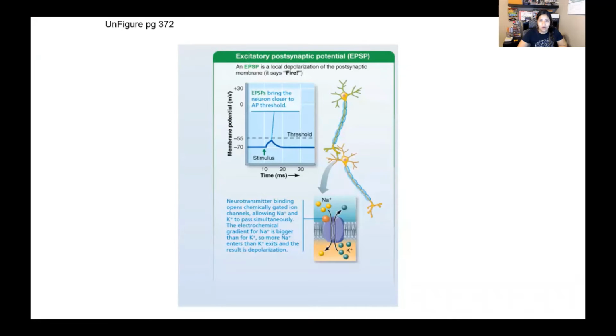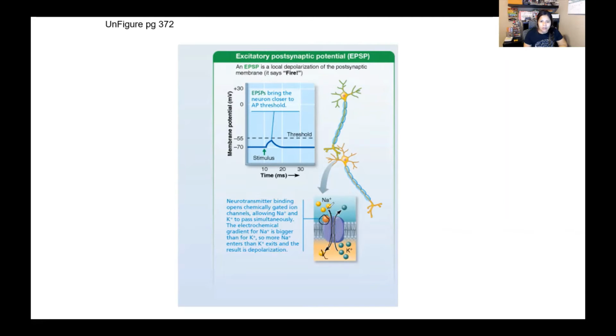So this is what an excitatory postsynaptic potential looks like. Basically again, it's just like what you're already used to. EPSPs bring the neuron closer to threshold. So in this case, you have a neurotransmitter binding to a chemically gated channel or a ligand gated channel. And what this does, it allows sodium to come in. That's going to cause local depolarizations, and that's going to get us closer to the threshold.